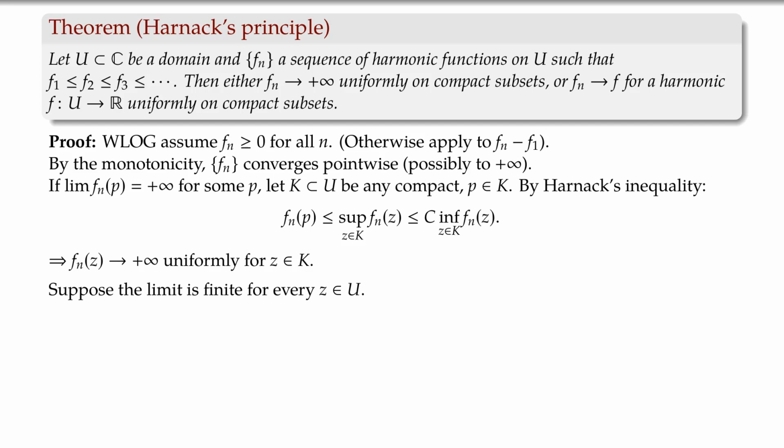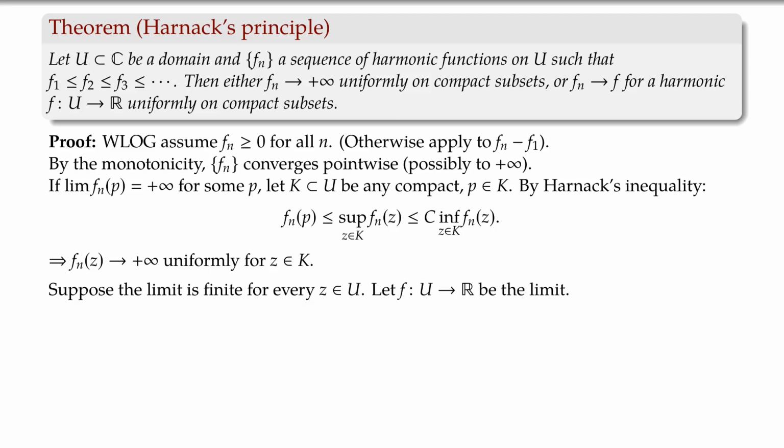So suppose the limit is finite for some z. Well, the same thing would be, suppose that the sequence at a single point is bounded above. That's really all that we need to show. Well, then we have a real limit everywhere.